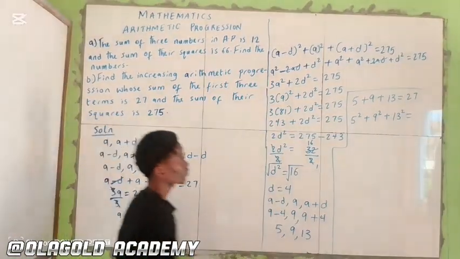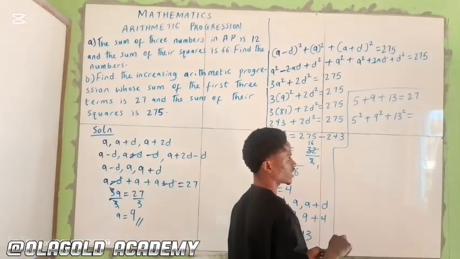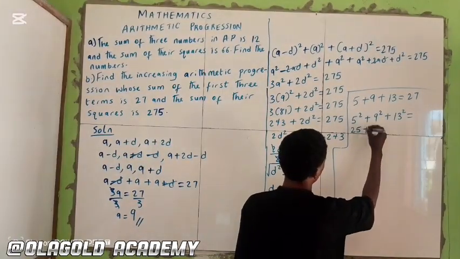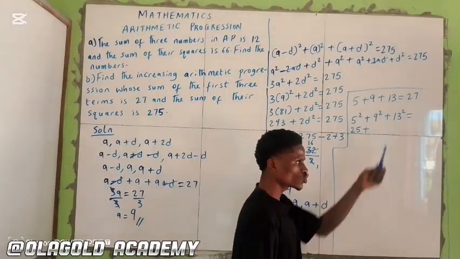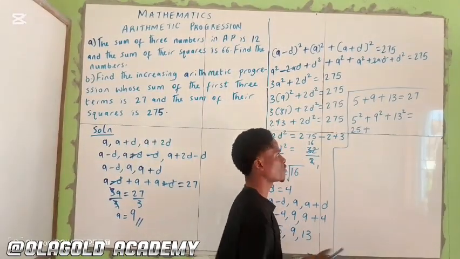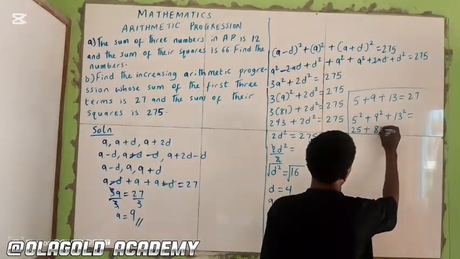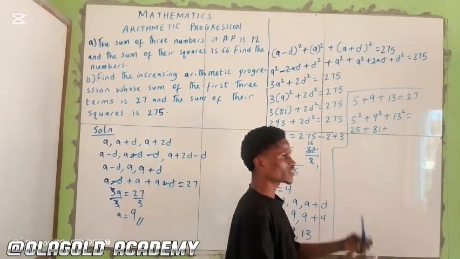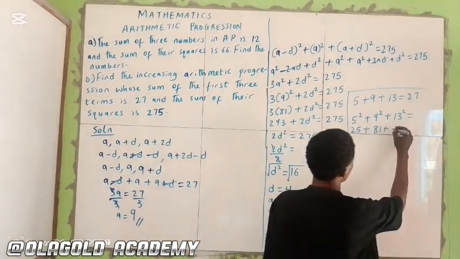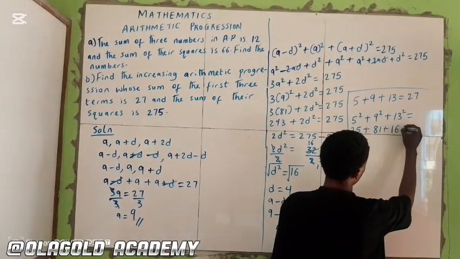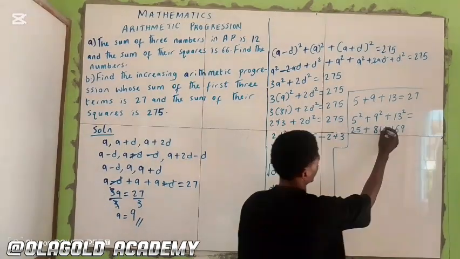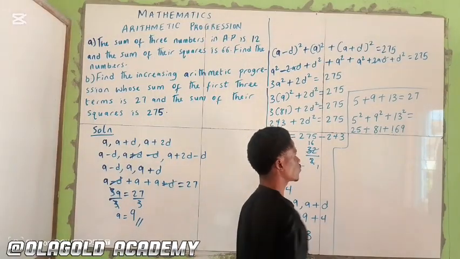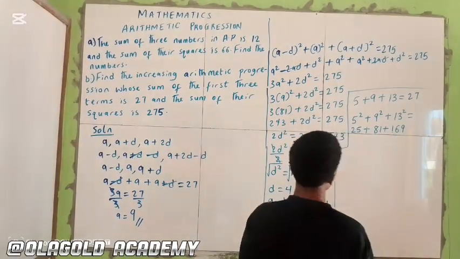Let's find out. 5 squared is 5 times 5, which gives me 25. 9 squared is 9 times 9, which gives me 81. 13 squared is 13 times 13, which gives me 169.